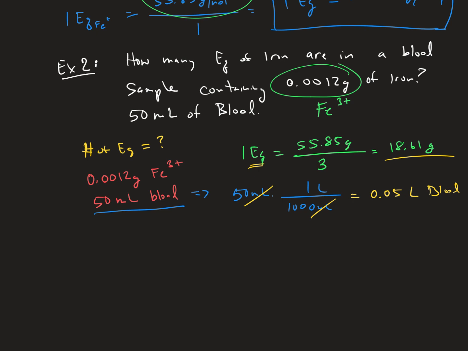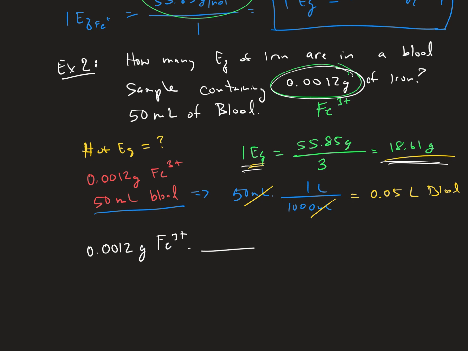Now what? Let's start here. We have 0.0012 grams of iron. And we're going to use this: 1 equivalent equals 18.61 grams of iron.